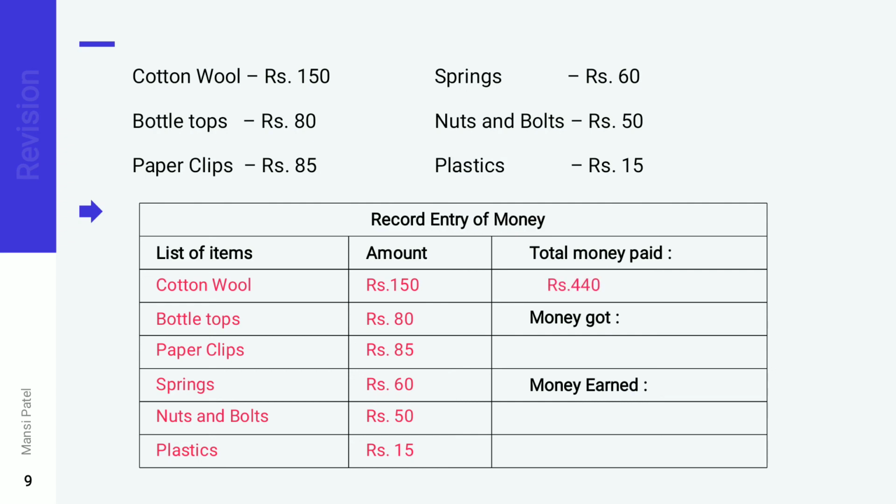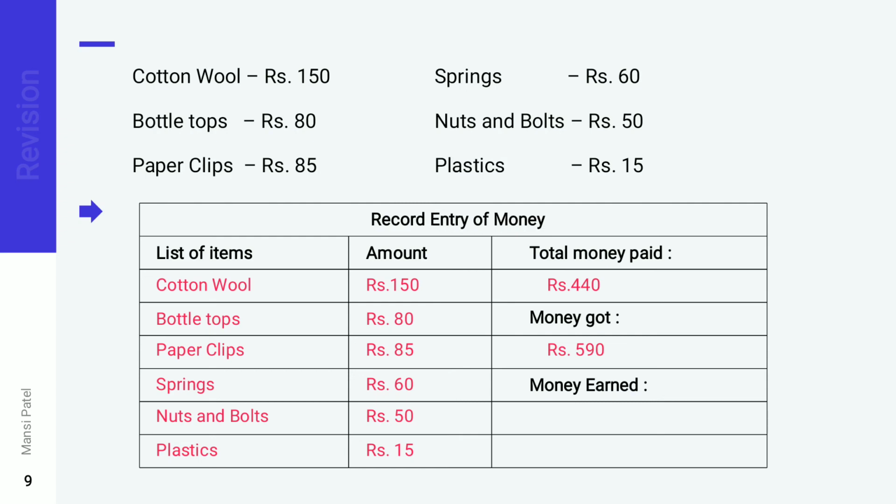This means when she collected this junk from any house, from any place, from any person, at that time she paid rupees 440 to them. But when she sold all this junk to the junk seller, at that time she got rupees 590.